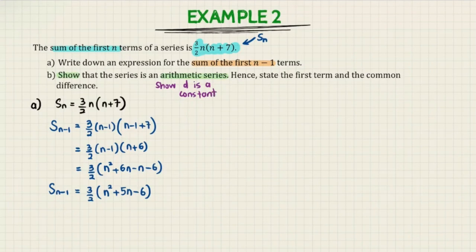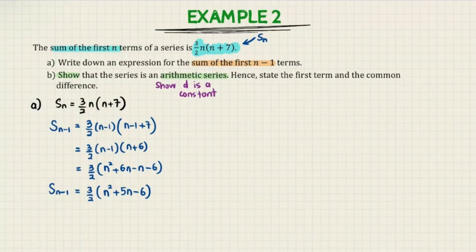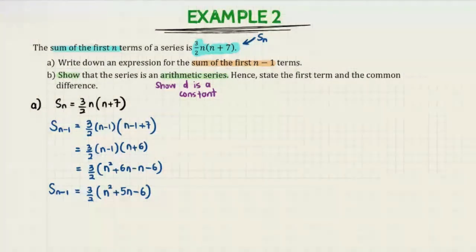Okay, itu adalah aim kita. So kalau kita nak show kita dapat arithmetic, maksudnya kita kena kira D itu dapat satu nilai lah, satu nombor, dia bukan in terms of n. So kalau dia adalah nombor saja, automatic dia adalah arithmetic series. Okay, kemudian soalan seterusnya adalah state the first term and the common difference.